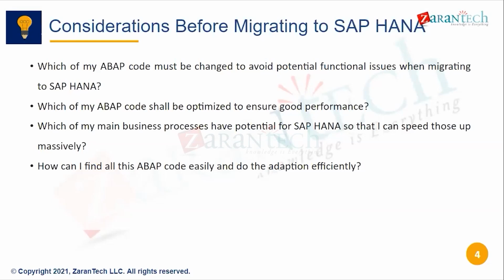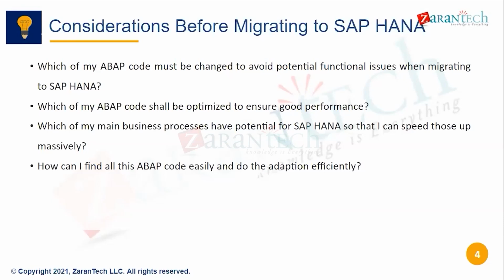Another consideration is which of my main business processes have potential for SAP HANA so that I can speed them up massively. We also need to identify different business processes where we can actually speed up the execution time of the reports that business users execute in their real-time, day-to-day jobs, when we are migrating to SAP HANA.